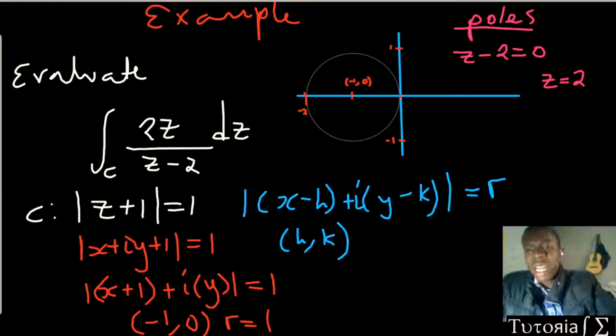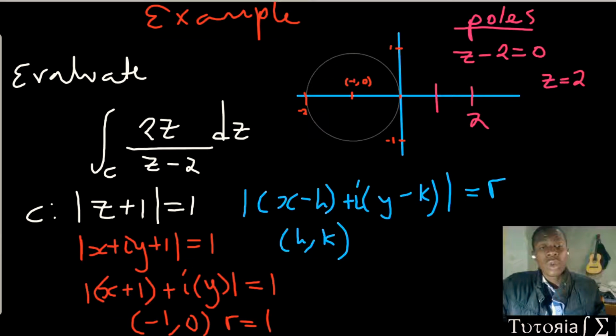Okay, so now we need to check. We need to go back to our drawing here. We need to check, is this function analytic inside here, or does any of the poles exist inside our region there? So we locate where z equals 2 is. So z equals 2 will be there. This is where z equals 2 is.